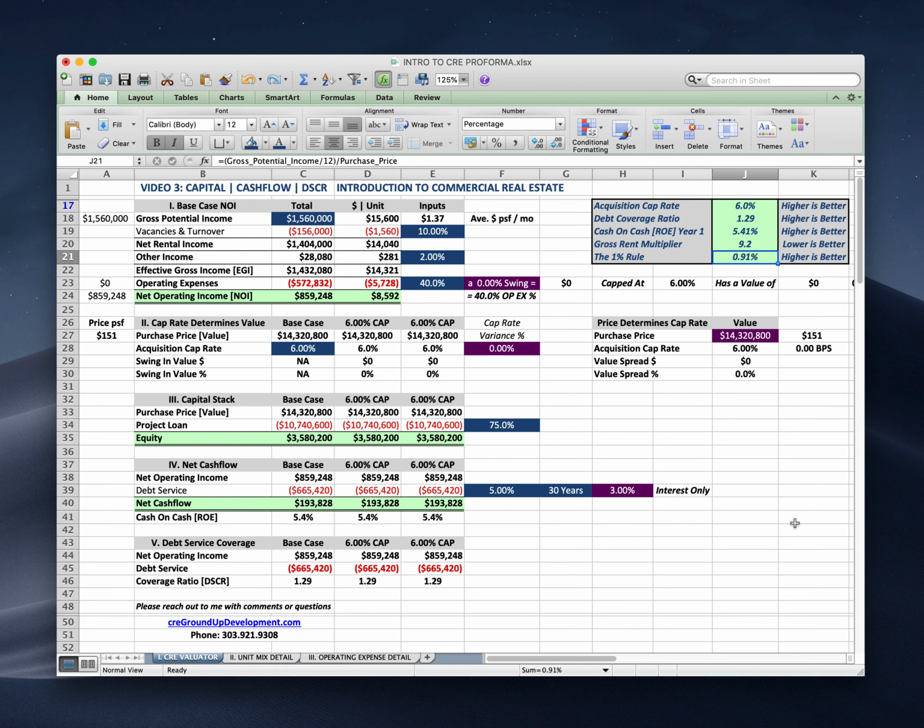And last but not least is a metric that I've never found much use for, but it's out there in the financial and modeling world. It's called the 1% rule, which basically says if you take the gross potential income, divide it by 12, and then divide that by the purchase price, you have that 1% rule. Here the project is pretty close. It's almost 1%, it's 91%.